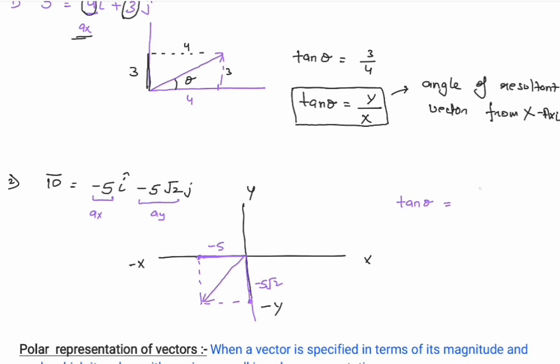Now, it means minus 5 root 2 divided by minus 5. Tan theta is going to be root 2. Theta is going to be tan inverse root 2. This is going to be the angle of the given vector from the x-axis.